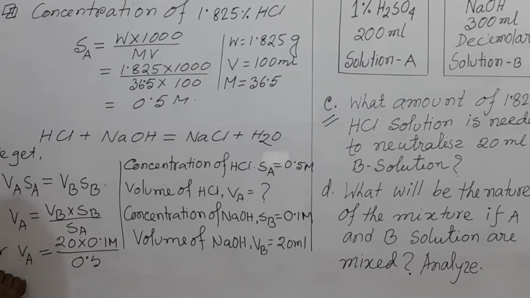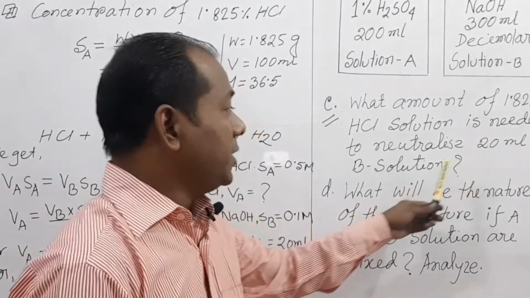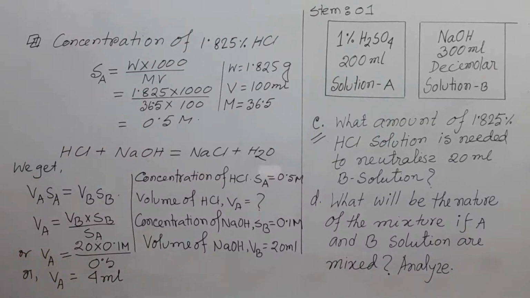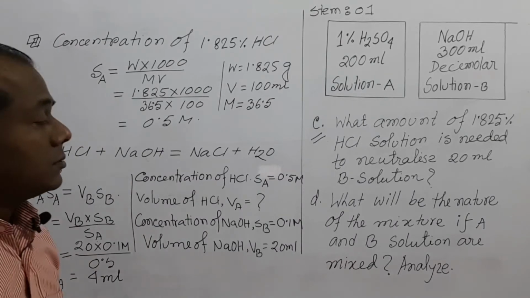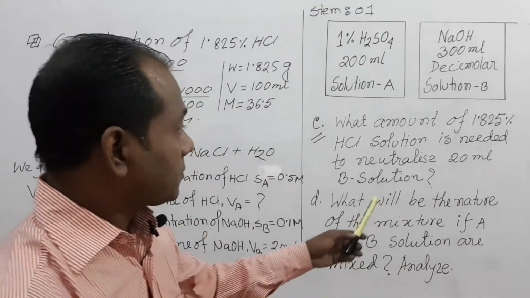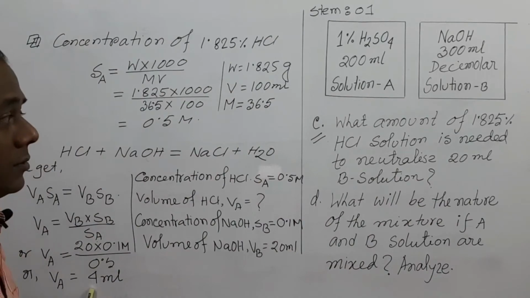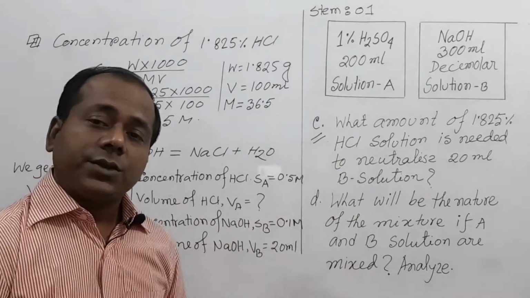So we get the answer VA is 4 ml. So, my dear students, to neutralize 20 ml B solution, 4 ml HCl solution is needed.